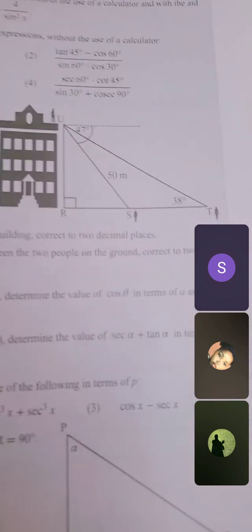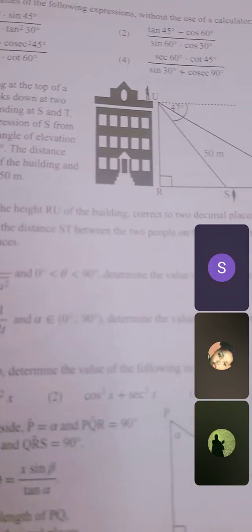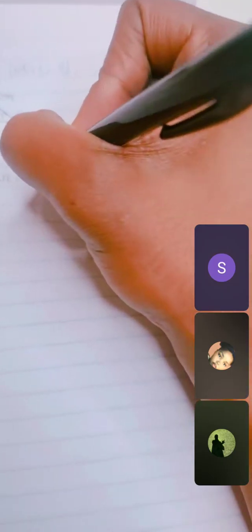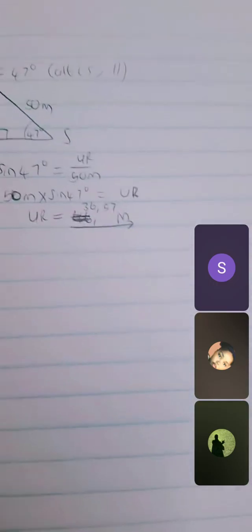It says round off to 2 decimal places. That was calculate the height UR of the building, correct to 2 decimal places. 36 comma 57.